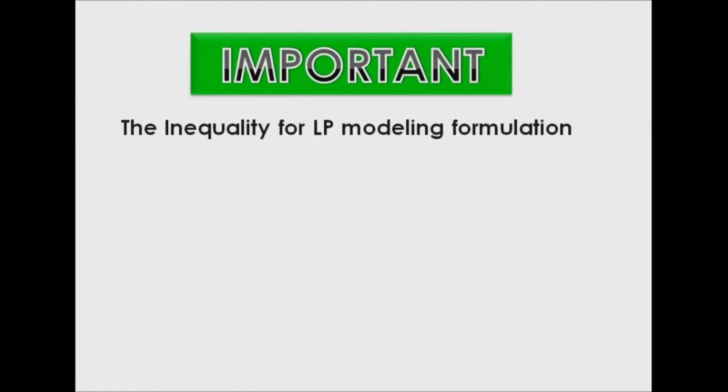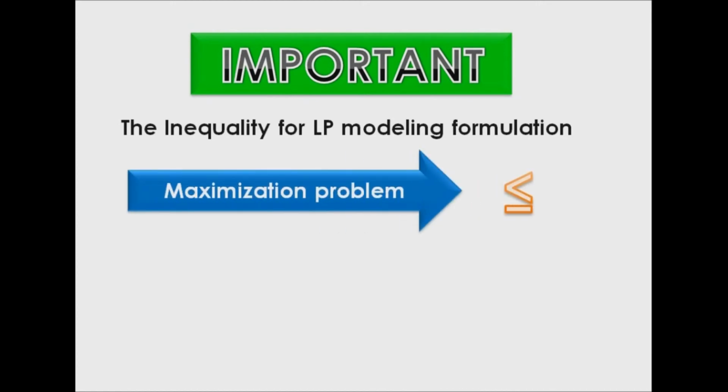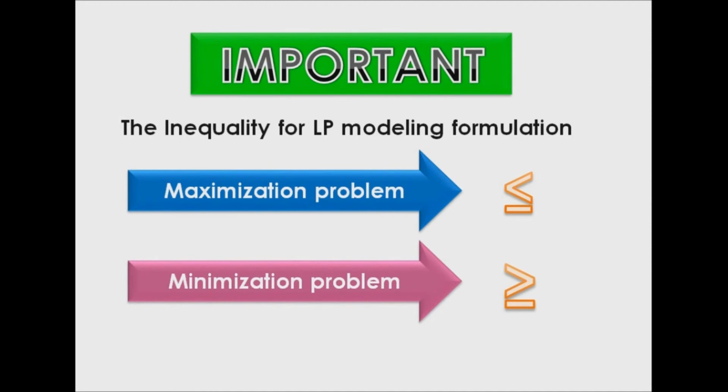It is important to know how to use the inequality for LP modeling formulation. For a maximization problem, we have to use less than or equal to. And for a minimization problem, we have to use greater than or equal to.